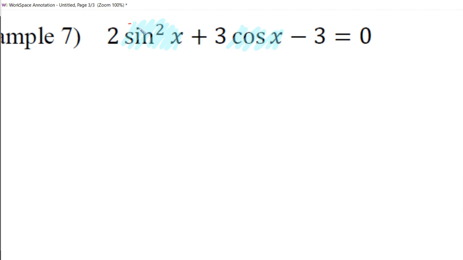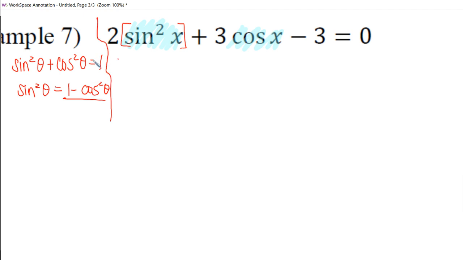Now, if you remember our Pythagorean identity, which was sine squared theta plus cosine squared theta equal 1, we can actually solve for sine squared and substitute that in. And do you see how it's going to allow us to have all one variable? So let's go ahead and do that here.